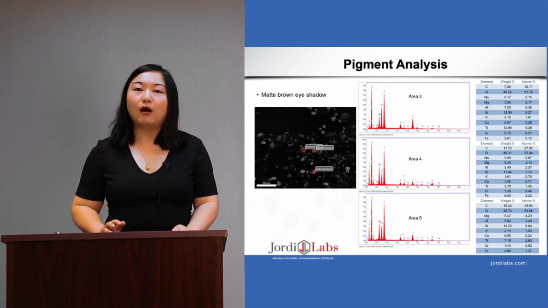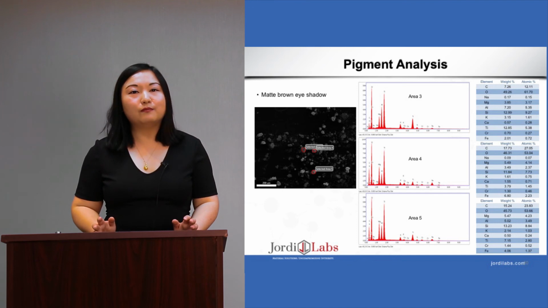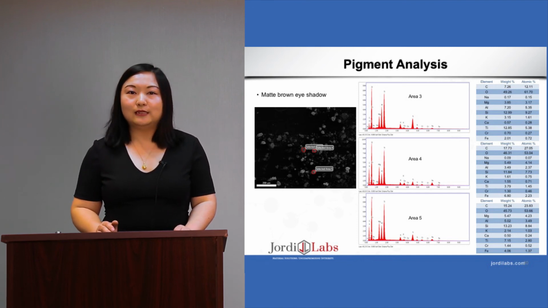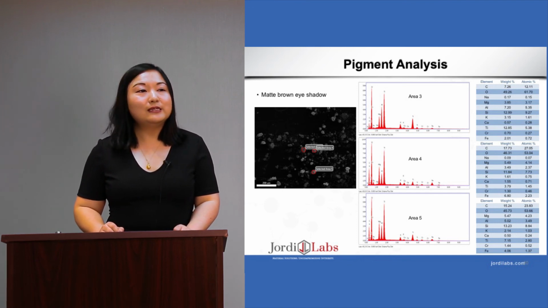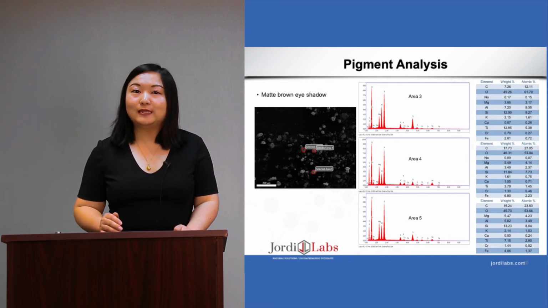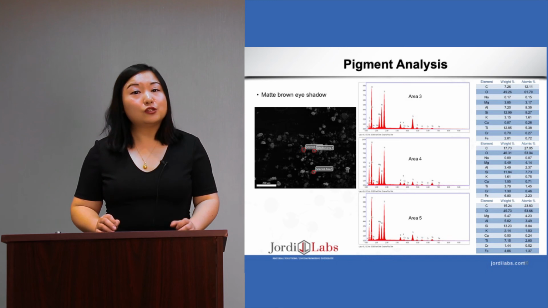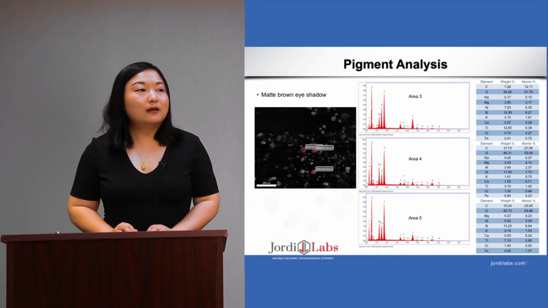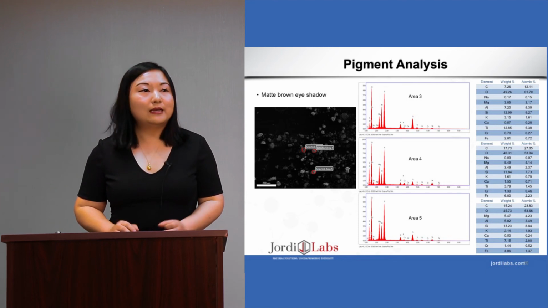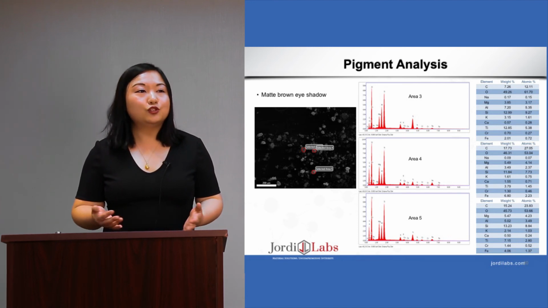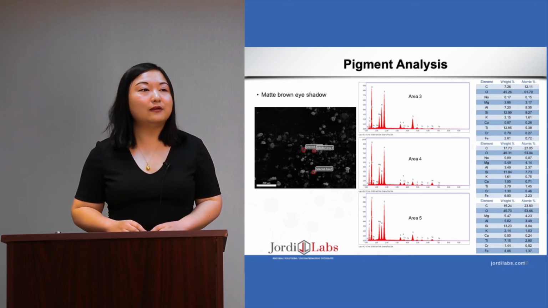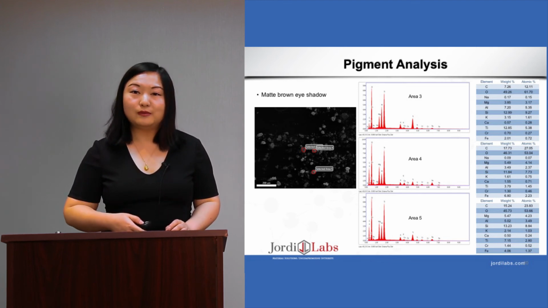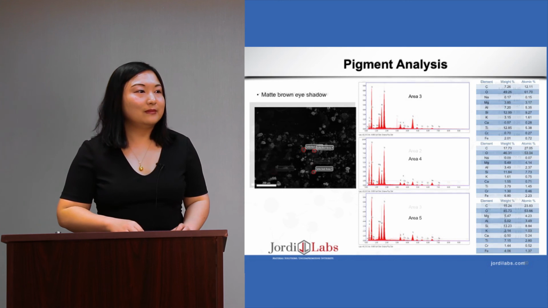And titanium dioxide is also very widely applied in the industry. It can increase the opacity of the product. It's a good pigment, and it's also a sunscreening agent. Another thing we see is iron. I guess this is used to give you that brown color of this eyeshadow product.